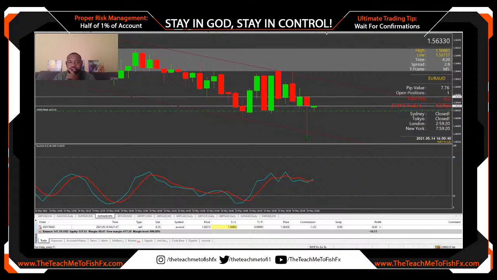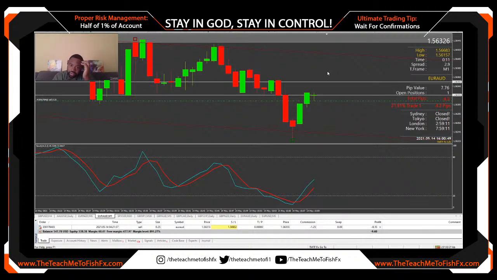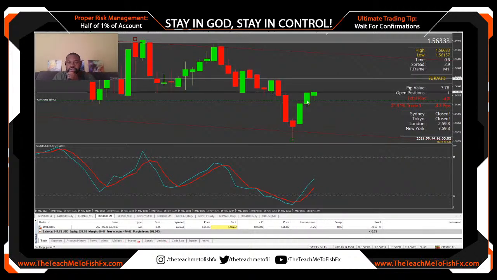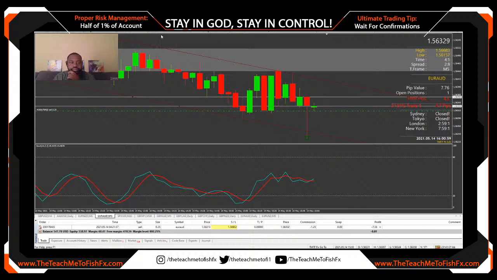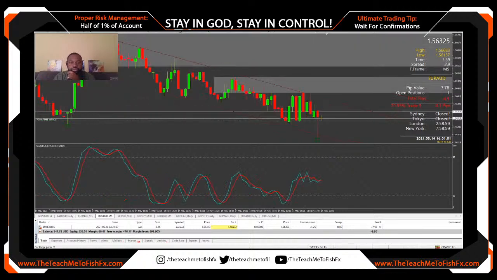1 minute. Let's see. Computer's going slow. 1 minute did close bullish. So yeah, I'm thinking we're gonna get a push back up. It's just really been consolidating on the 5-minute chart here for a little while.